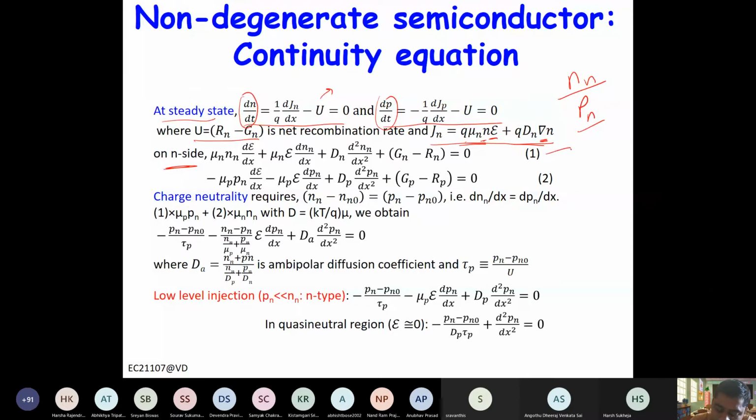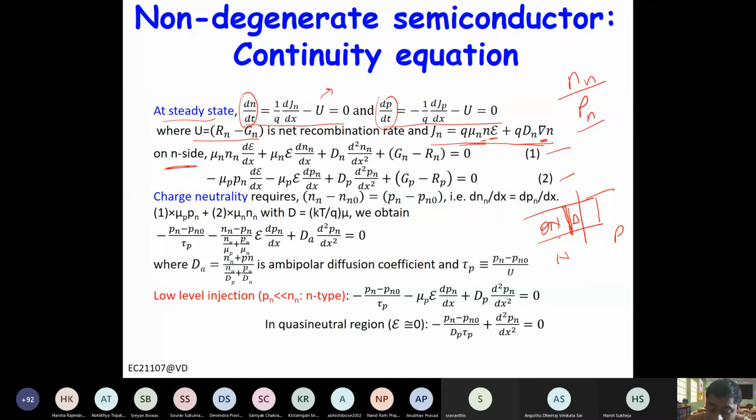Now when you use these two equations, there are two regions, on the n side and on the p side. This is the metallurgical junction, this is the depletion region, and this is the quasi neutral region. So let us write this equation in the quasi neutral region.